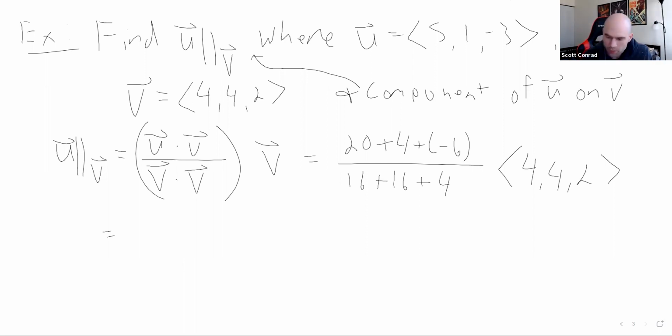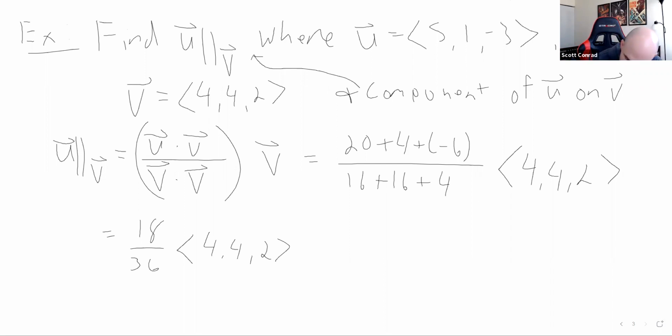So 20 plus 4 minus 6 is 18. 16 plus 16 plus 4 is 36. So on an exam, that's a perfectly fine answer. Could be simplified, of course, but that's the correct number.